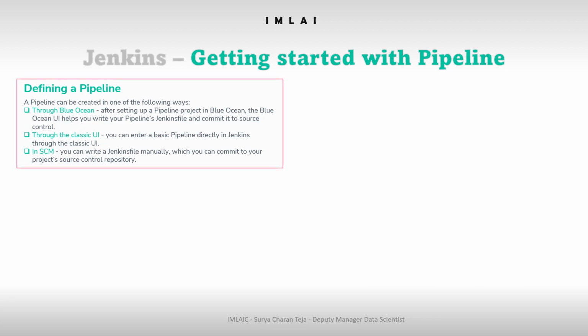In this slide I will describe how to get started with creating your first pipeline project in Jenkins, and introduce you to various ways that a Jenkinsfile can be created and stored.